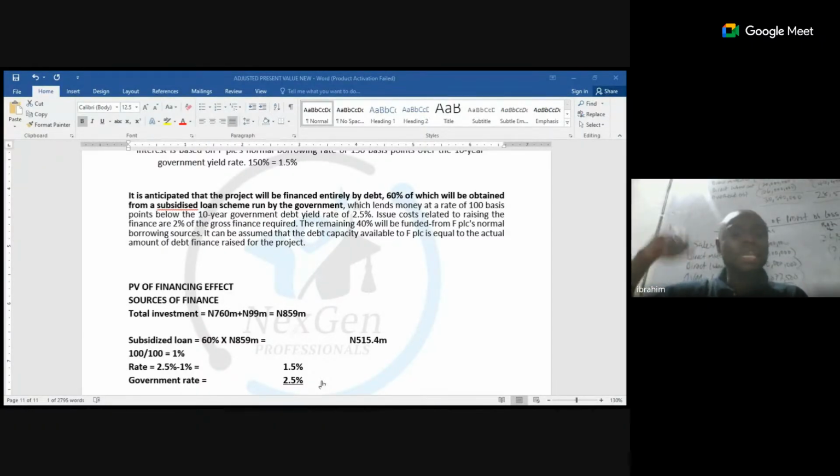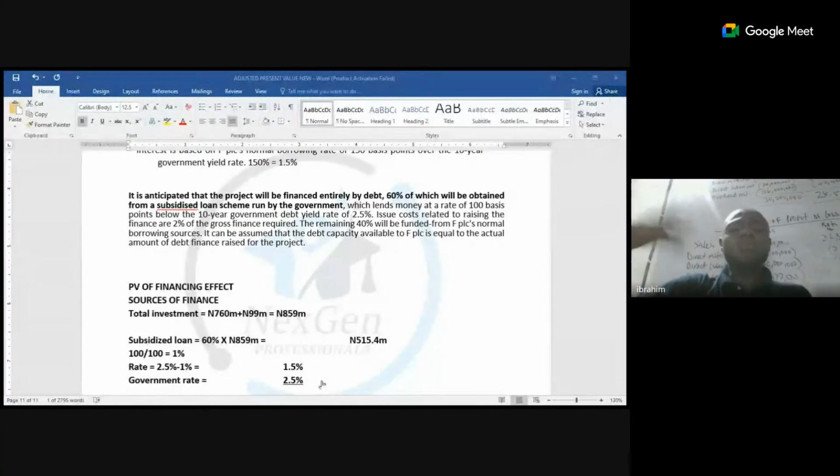The commercial rate, that is why I use a practical illustration, the commercial rate is what the bank is lending you. It includes the yield, the MPR of 27.5%, and the subsidized, they give loan to farmers now.